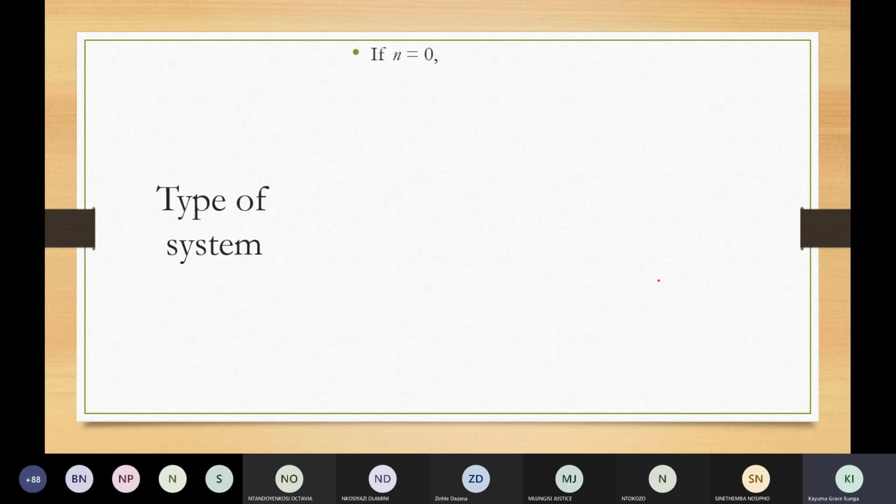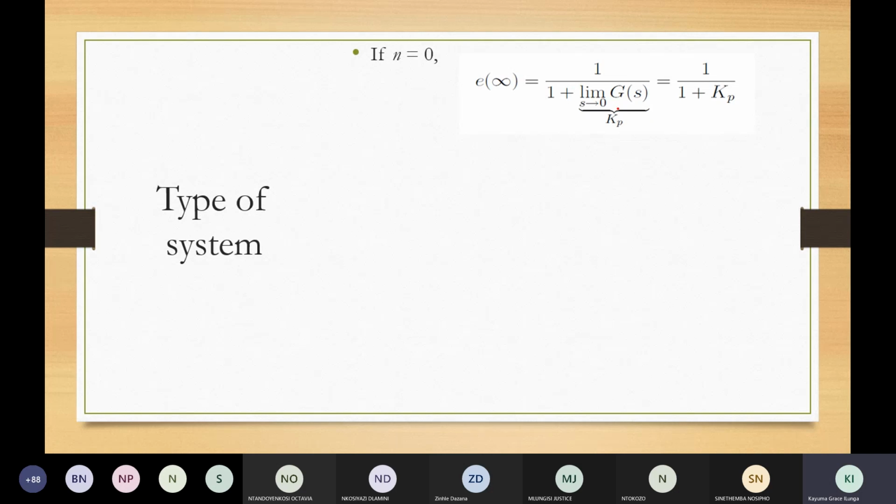So let's now go here. We say when n is equal to 0, remember the example we solved where we didn't have integration. This is how the steady state error formula is given to us. Now, this term here, the limit s approaching 0, is called the static error.